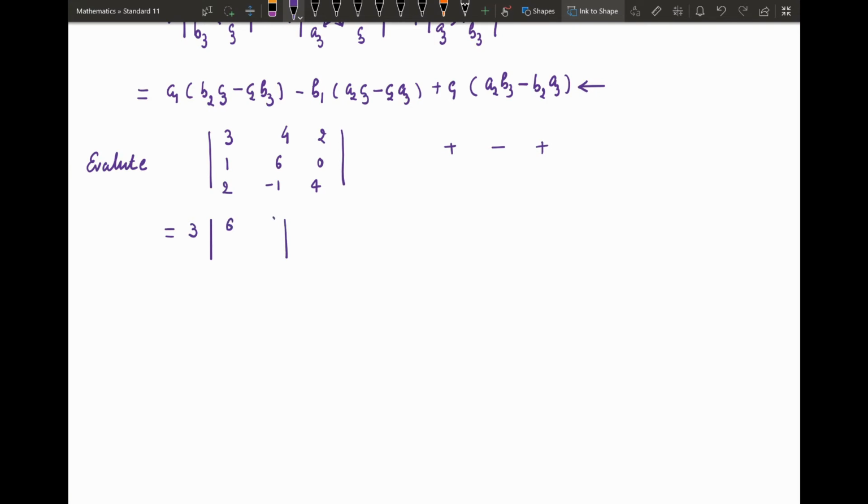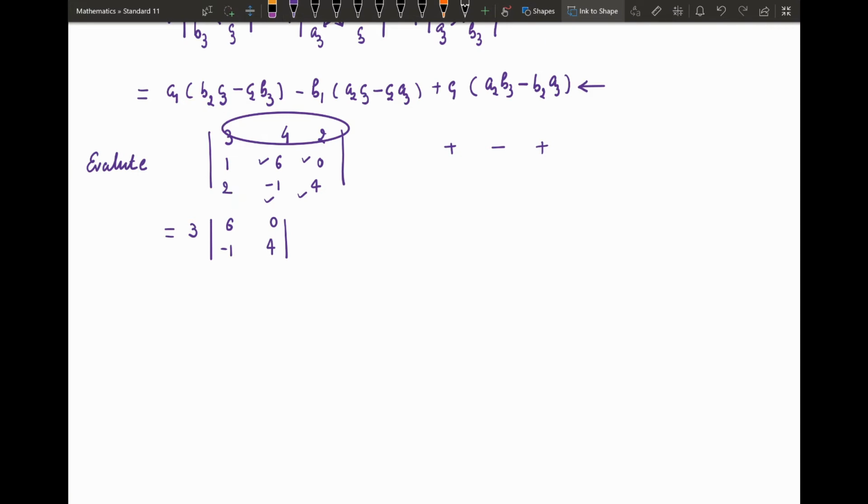Leave the column and row in which entry 3 lies. The remaining entries will form the 2 by 2 determinant 6, 0, minus 1, 4. So 3 into the 2 by 2 determinant 6, 0, minus 1, 4.